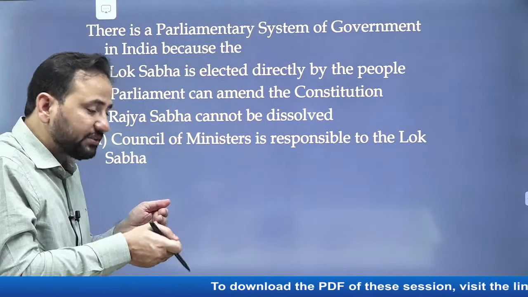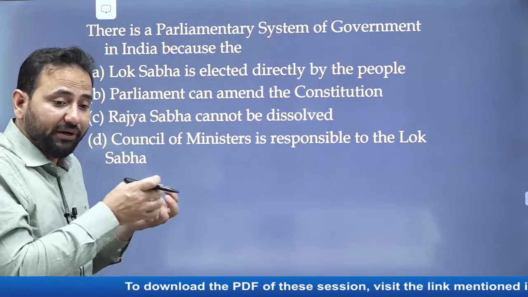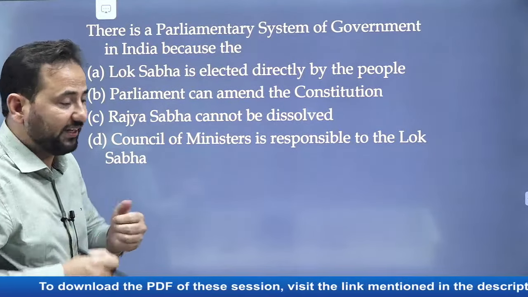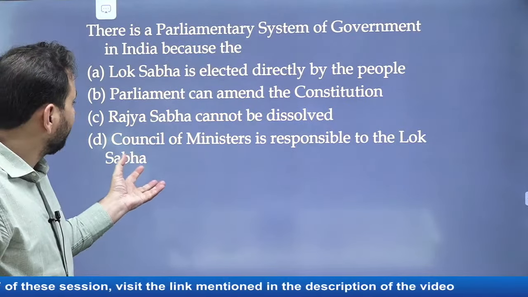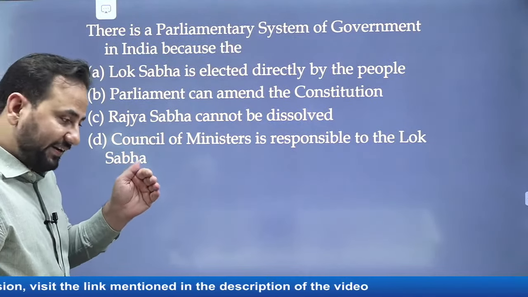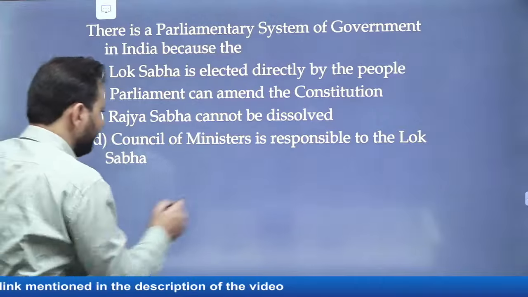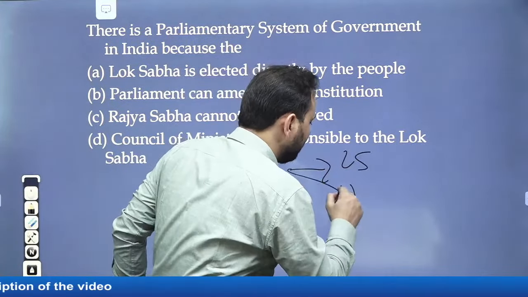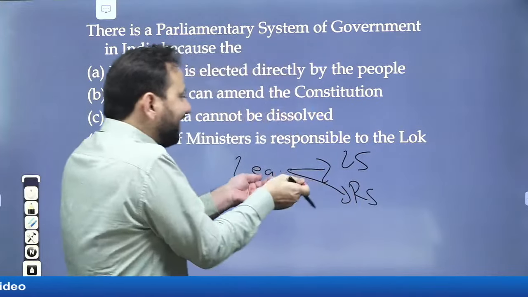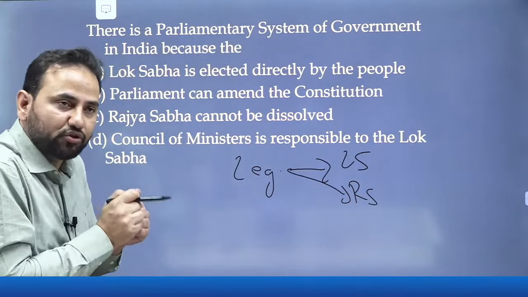If the executive is responsible to the legislature, what do we mean by this concept? It means that there should be some provision of no confidence. But if you talk about the legislature, then it includes the Lok Sabha and the Rajya Sabha. So which House is to be included needs to be understood very clearly.